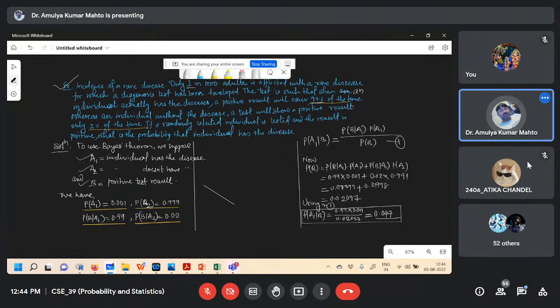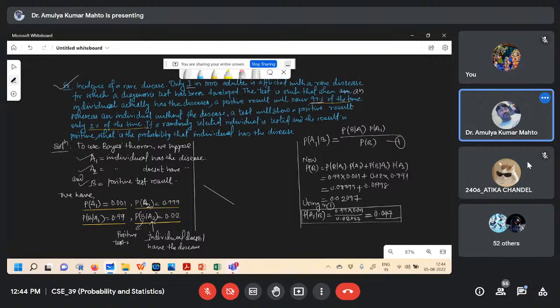Means this is the scenario. You can see this one, that it is given that the person is A2, means individual does not have that disease. Then what is the probability that the test result is positive?